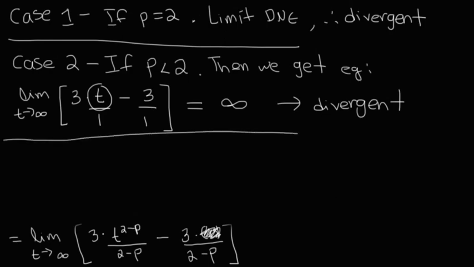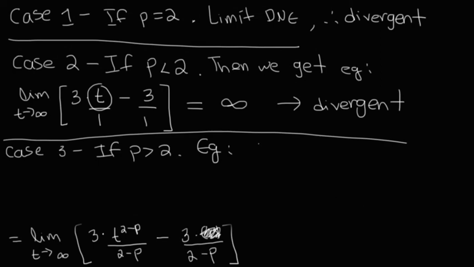So that's case 2. And then what remains is case 3, which is if p is bigger than 2. Okay, so for example, what we would get is the limit as t approaches infinity of, not the integral, pardon me, 3 times, okay, a number that's bigger than 2, let's say 3. So you would get t to the 2 minus 3, so you'd get t to the -1 all over -1, and then minus 3 all over -1.